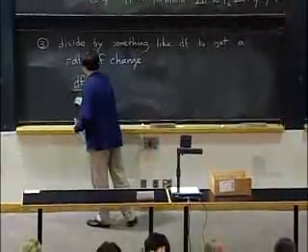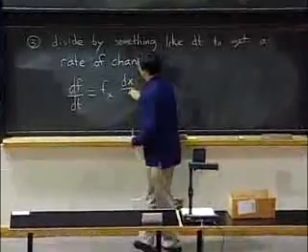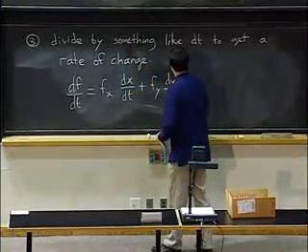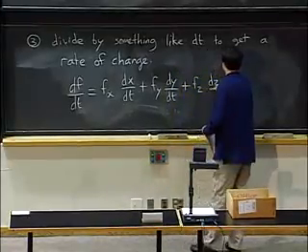Okay, so df/dt equals f sub x dx/dt plus f sub y dy/dt plus f sub z dz/dt.